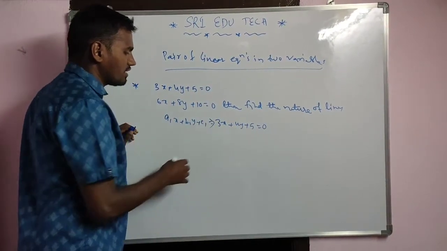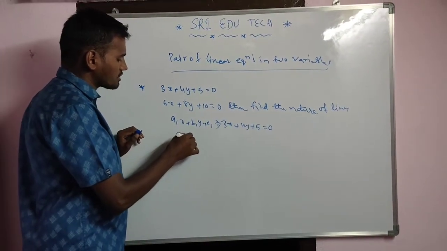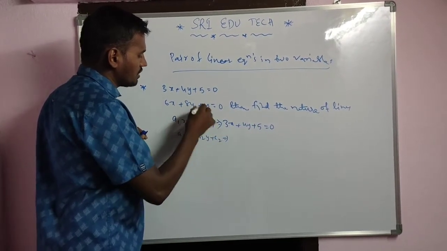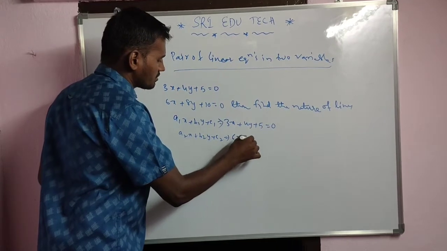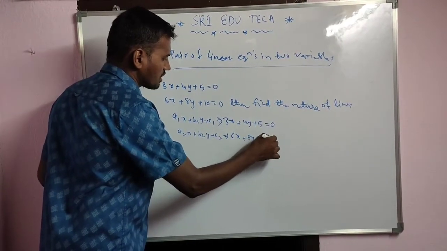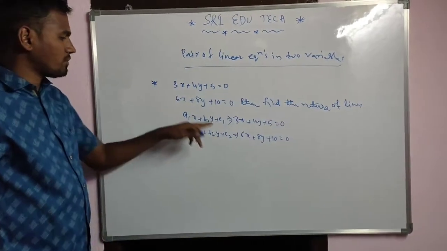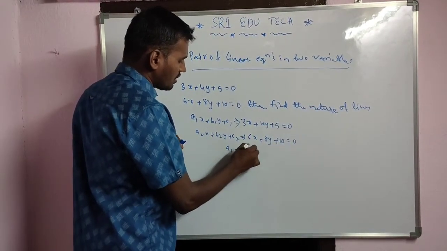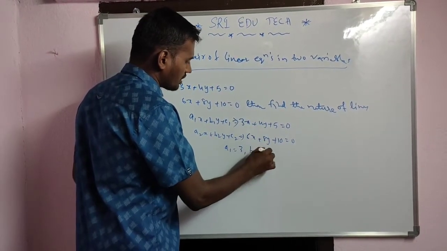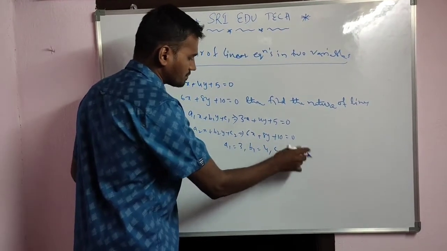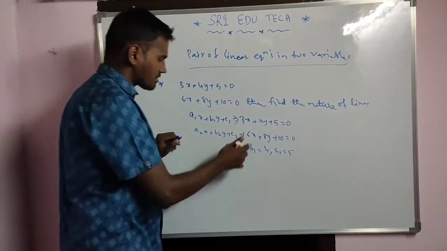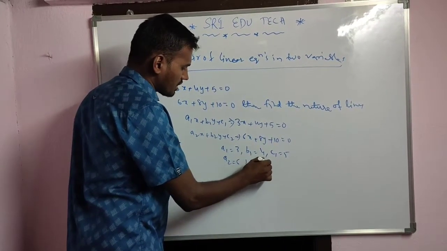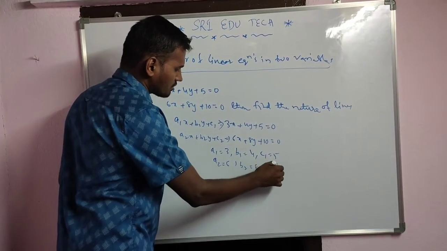Next, a2x plus b2y plus c2 is 6x plus 8y plus 10 is equal to 0. From this, a1 is equal to 3, b1 is equal to 4, c1 is equal to 5. Next, a2 is equal to 6, b2 is equal to 8, c2 is equal to 10.